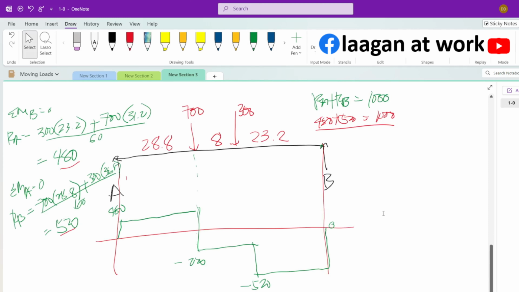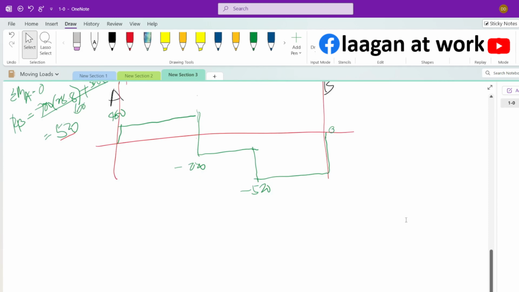Now, to get the moment, you will just get the area of either the top one or the bottom one.